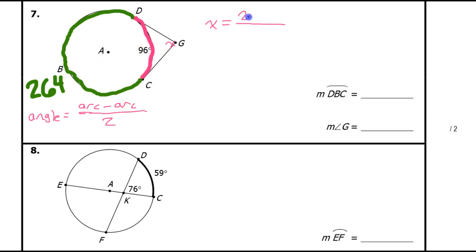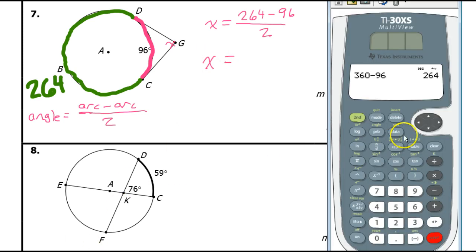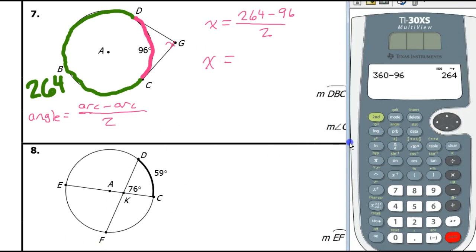So that's going to be 264 minus 96 divided by 2. Okay, so it's 264 minus 96 divided by 2. So that's 84.